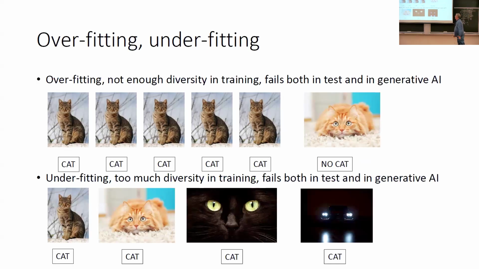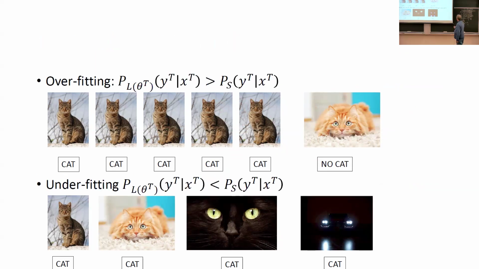Here, there are many cats, as you can imagine. If you submit to your machine the same picture, the same cat, at the end this machine will only be capable of detecting this very cat. If you give another cat, the yellow one, it won't work.